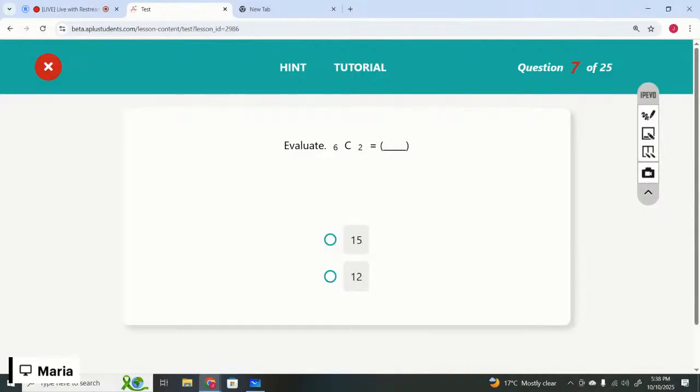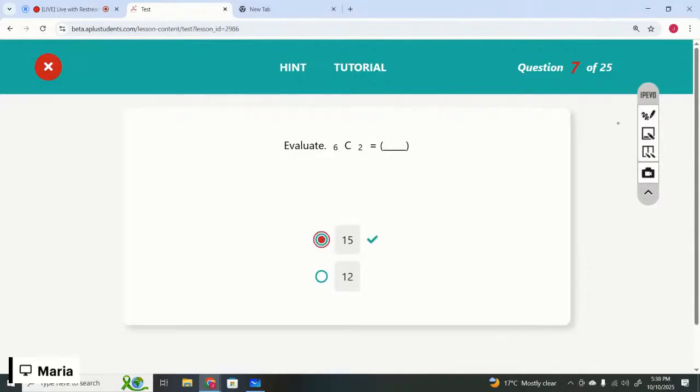6C2. So, which is the correct option? That is 15.